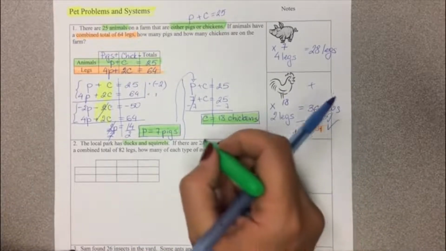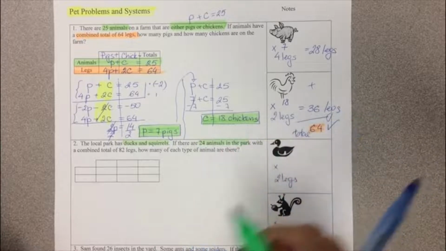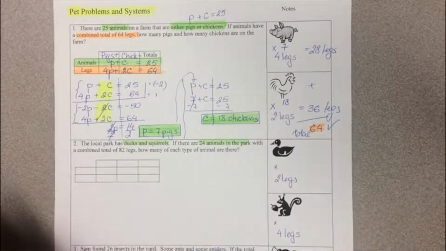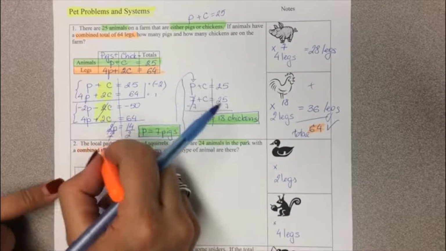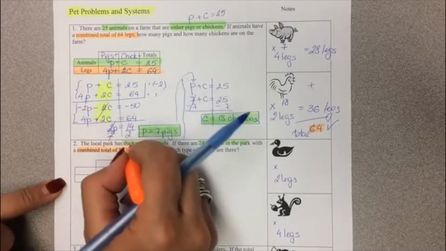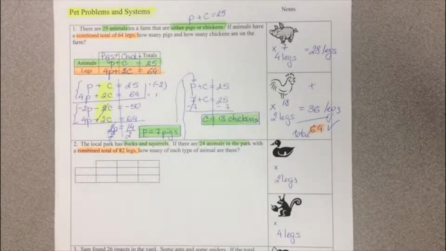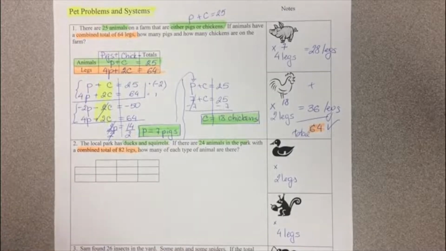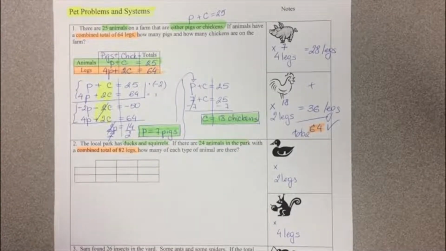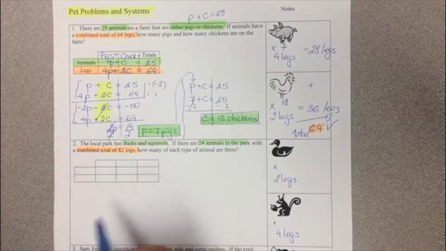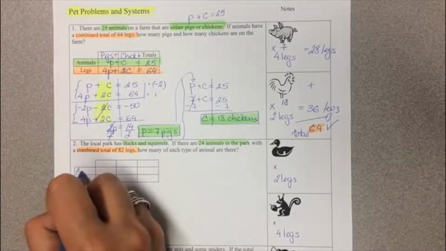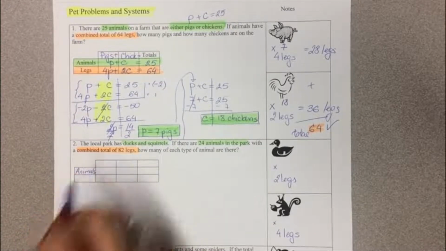Then there are 24 animals in the park with a combined total of 82 legs. So we don't know how many ducks, we don't know how many squirrels, but we do know it's a combined total of legs, 82. So first of all, what kind of animals do we have?